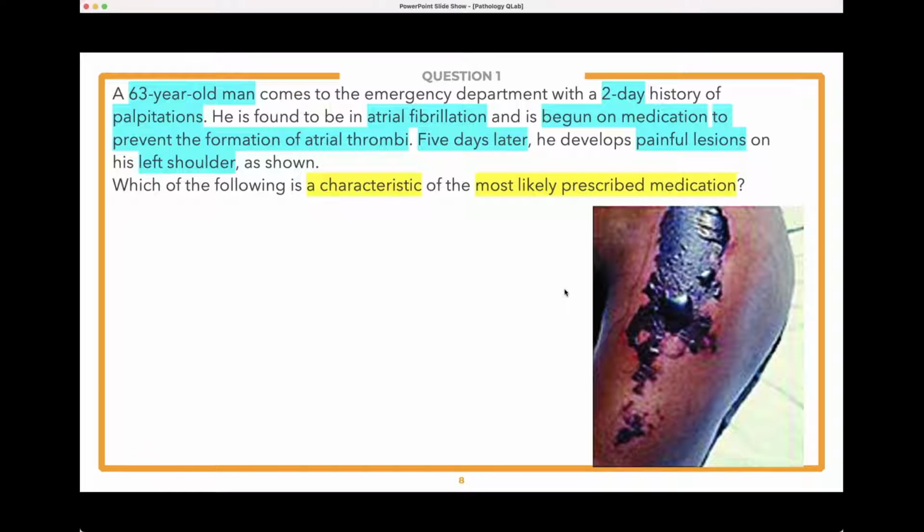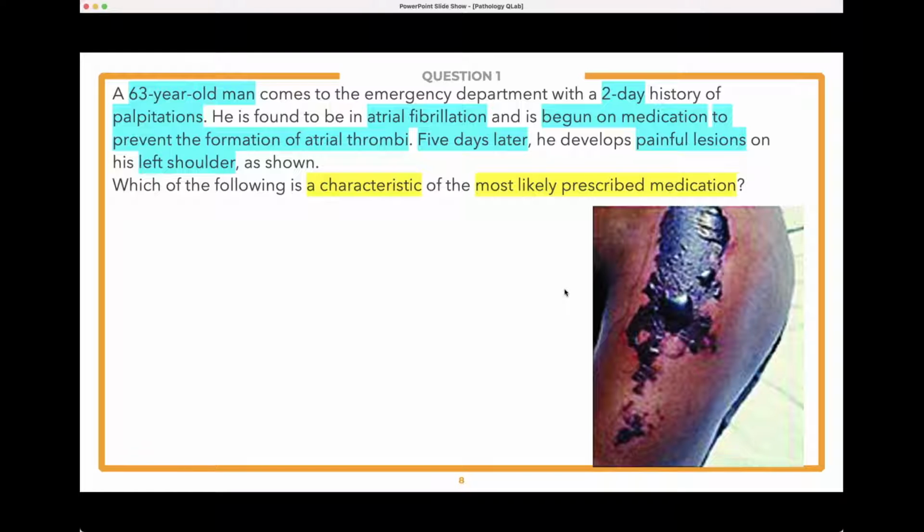A lot of times they'll tell you how long it's been going on for. So the chronicity, 2 days, 2 months, 2 years, gives you a sense of whether this is more of an acute picture or a chronic picture. In this case, we're told that he is found to be in AFib, and he started on a specific medication. And then they give us a picture of some painful lesions he developed.